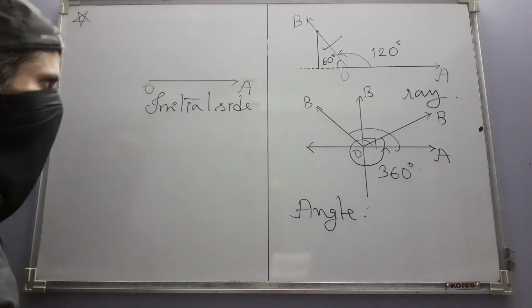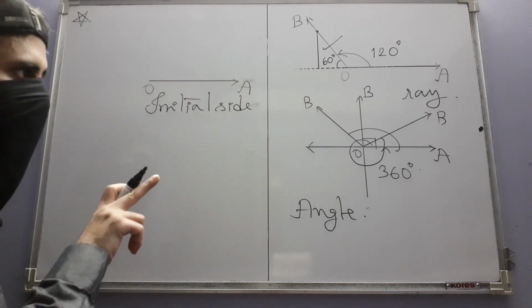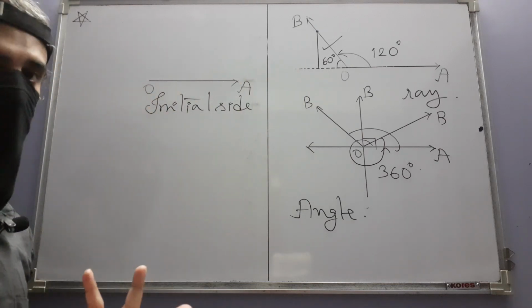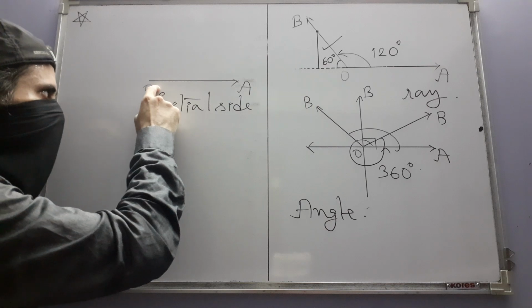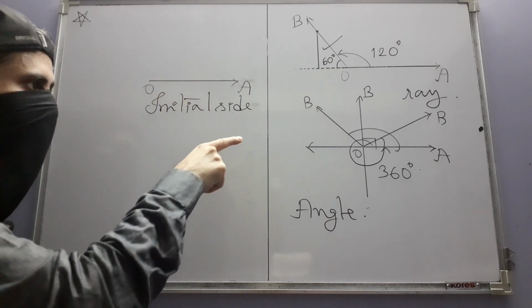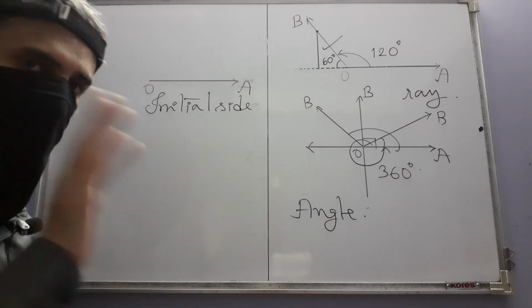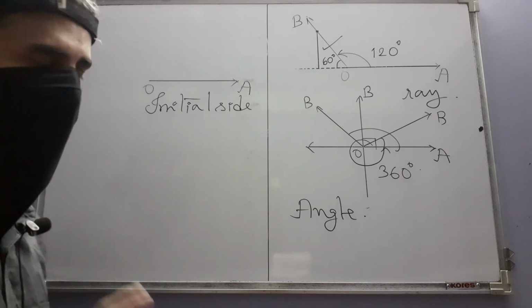So it's like a process where the ray OB is rotating, but with respect to what? Rotating about the point O, because the initial point of OB and the initial point of OA, which is O, must remain so. Okay, that should not change.